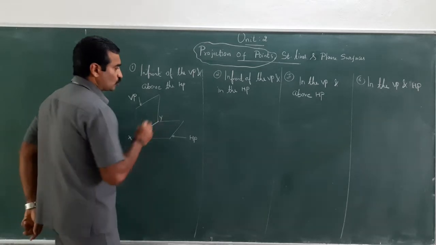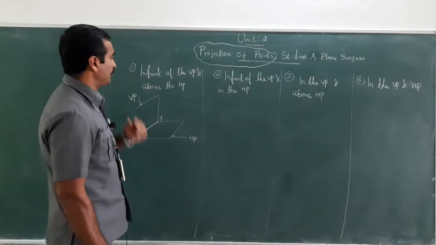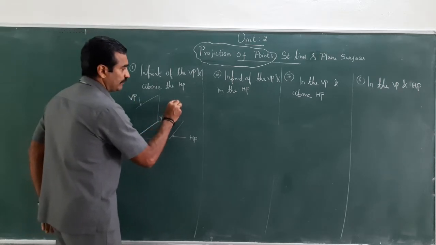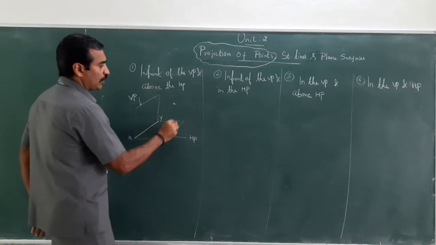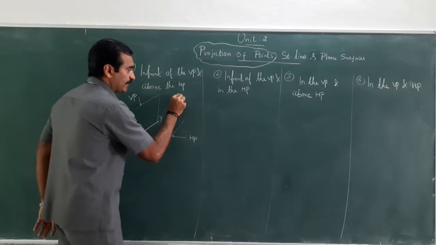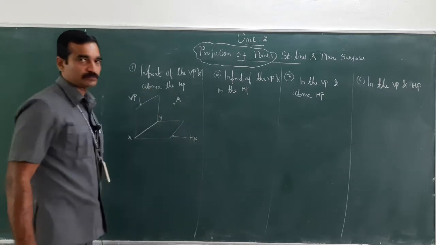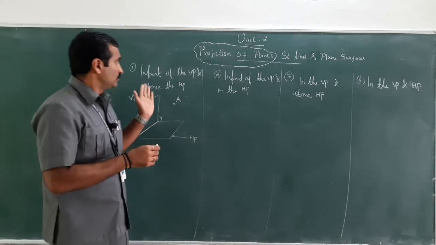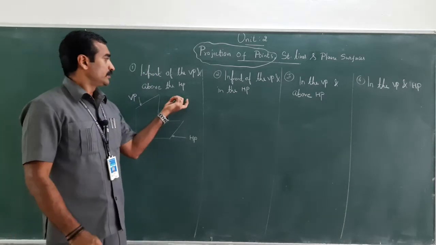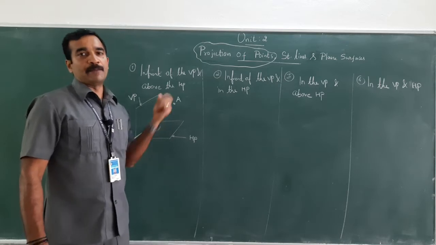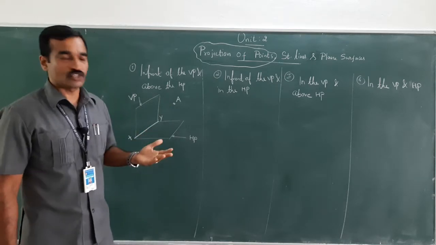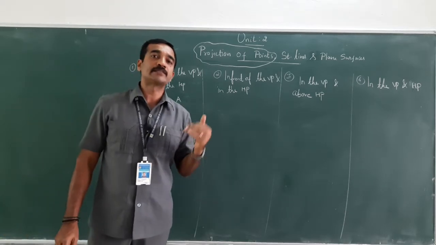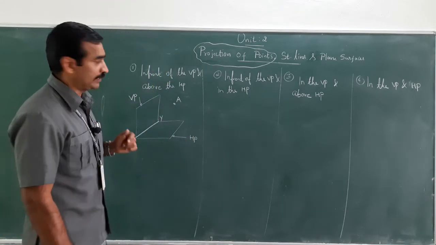Here the object would be placed in front of the VP and above the HP. So this is the position. Always, when the point is in space, the naming should be with a capital letter. The projections on HP and the projections on VP should be denoted with lowercase, that is small letters, right.